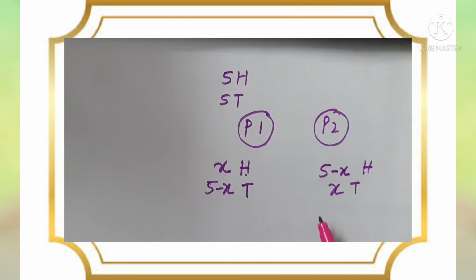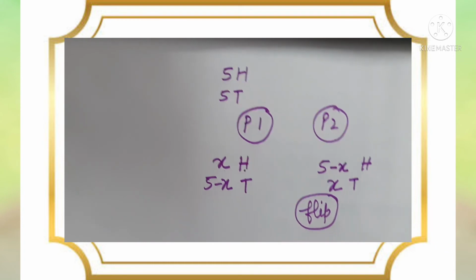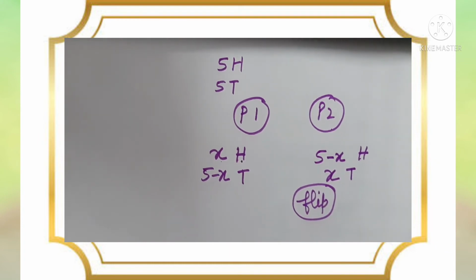Now, say for example, I'm flipping all the coins in pile number 2. There are 5 minus X heads, so if we flip, we get 5 minus X tails.